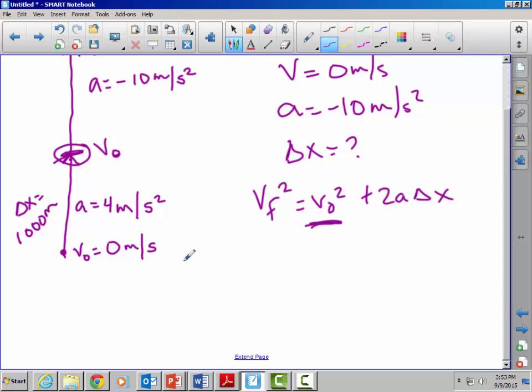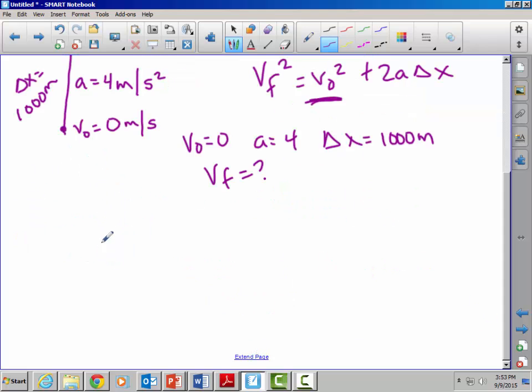So let's look down here. Down here we have v0 = 0, a = 4, change in x = 1,000. We want to know, what is our final velocity? So we can actually use this same formula for this first chunk here. So let's go ahead and do that. 0 squared plus 2 times 4 times 1,000.